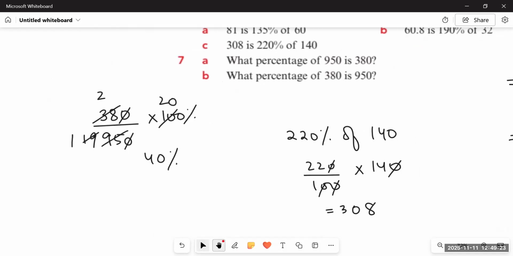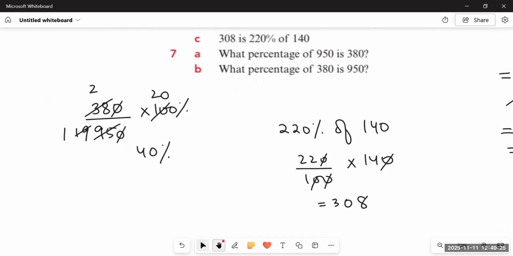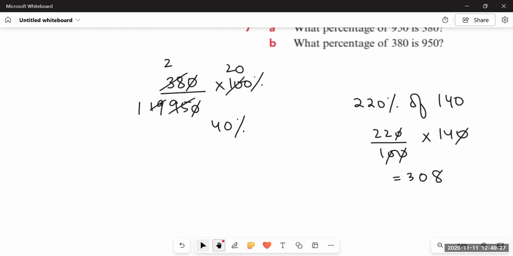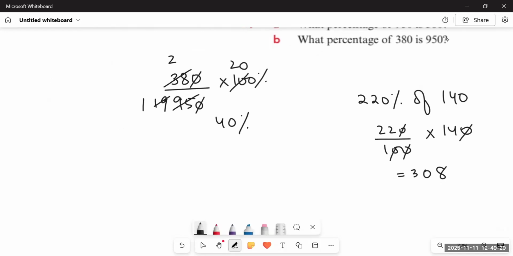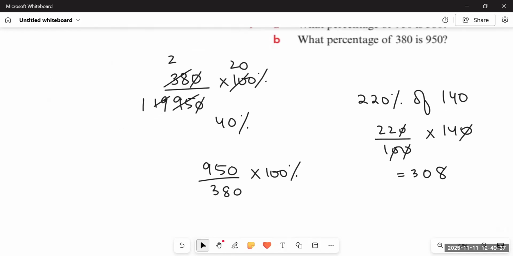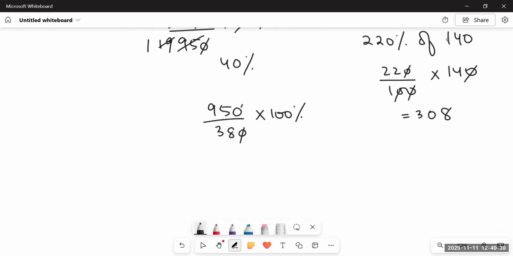Next question says, what percentage of 380 is 950? So for this, we will write 950 upon 380 multiplied by 100%. Let's check it out. The zeros cancel, and we work it out to 250.